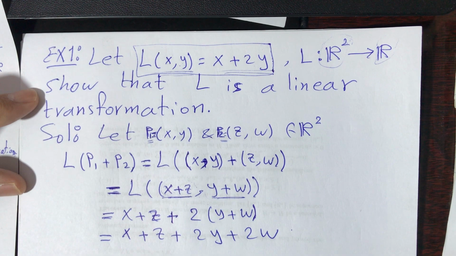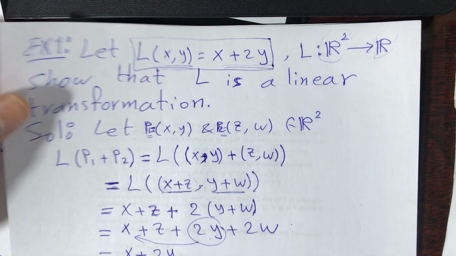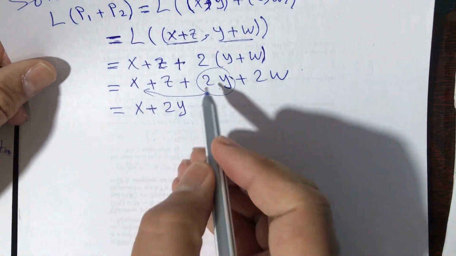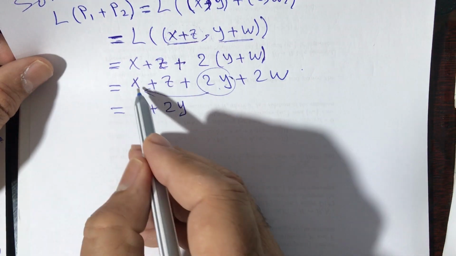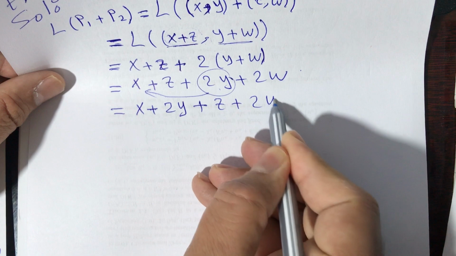And now we can change this, equal to x plus 2y. So move here 2y, and we get x plus 2y plus z plus 2w.